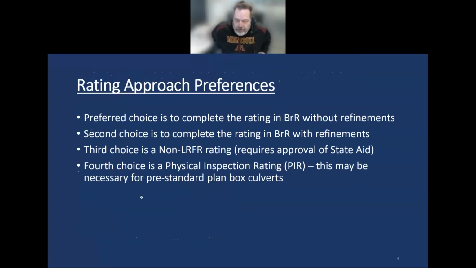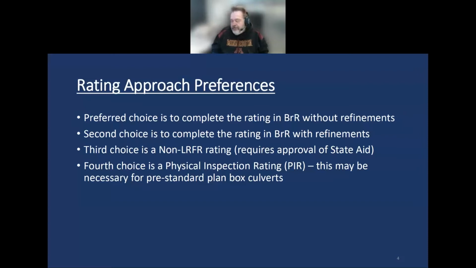As a bit of a housekeeping item, in order to make the handling of data simpler in the future, the first choice for any load rating with the box culvert is to complete it inside BRR without any of the special refinements we're talking about. It seems a cleaner way forward, and that's probably a choice you'll be able to make with a precast culvert.